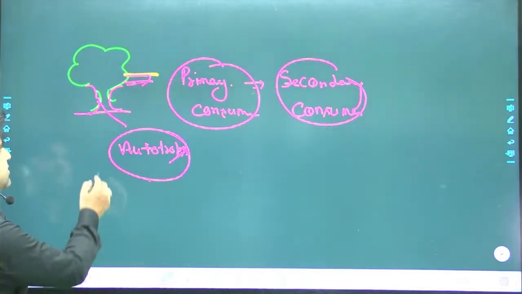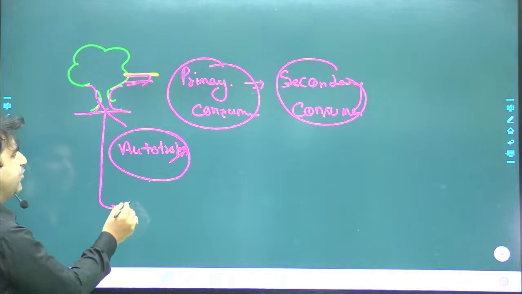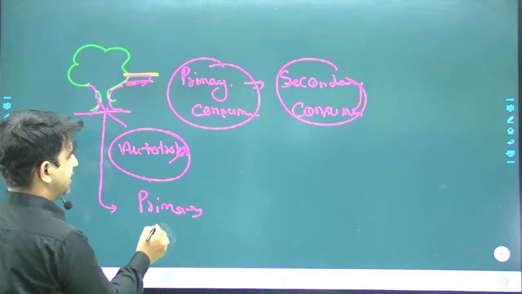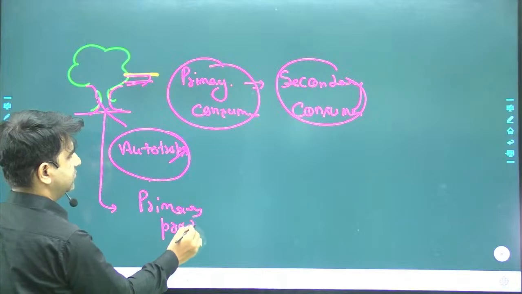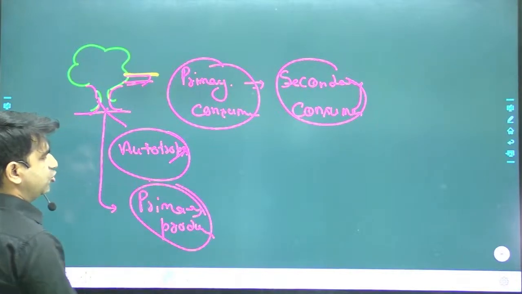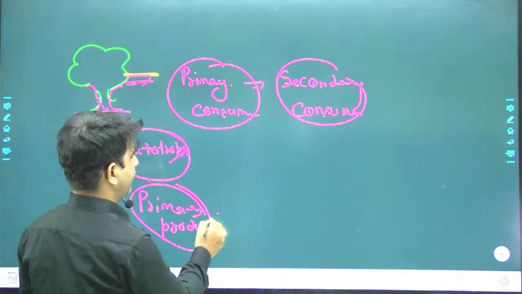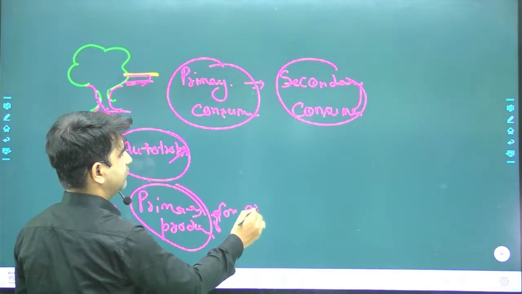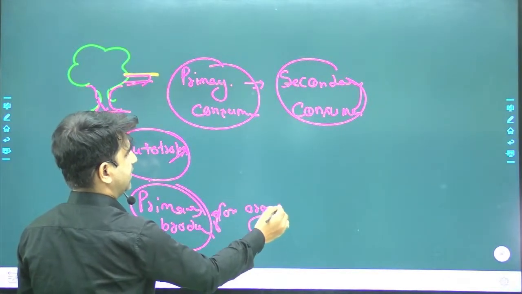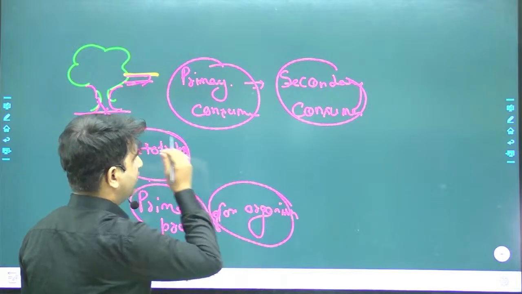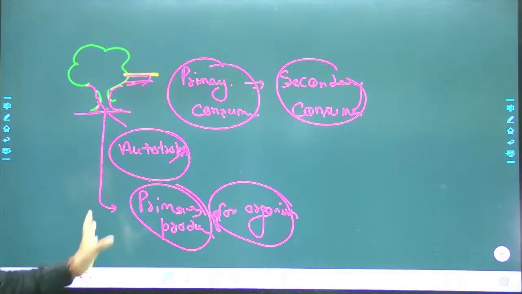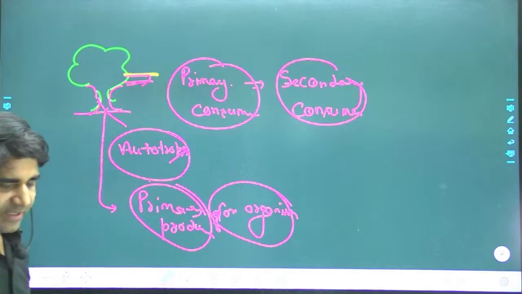These autotrophs are the primary producers for the organisms. You can understand properly why it is important.